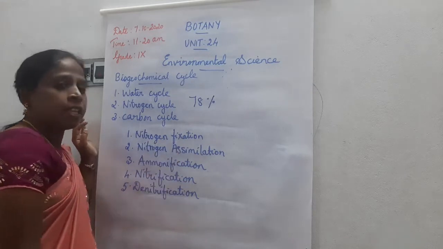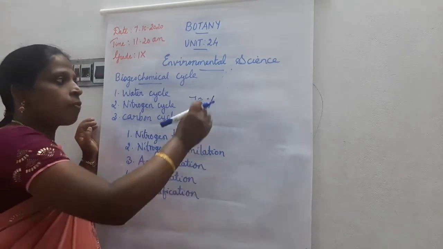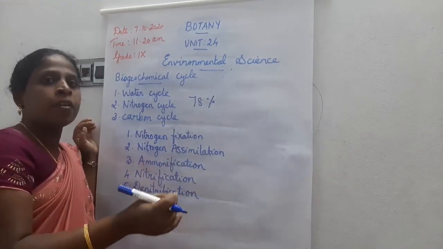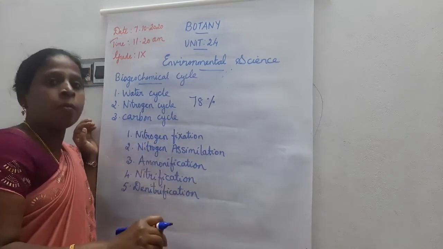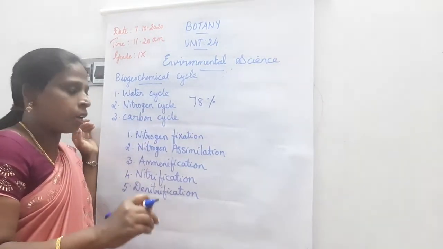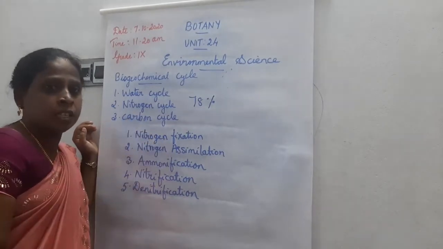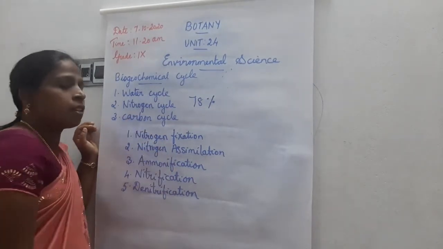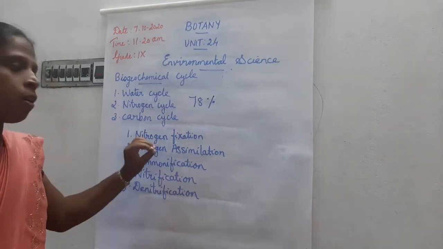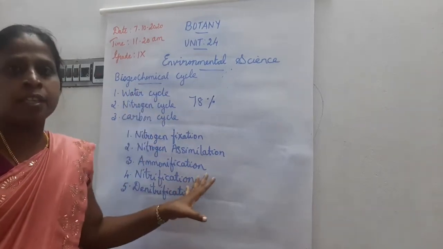What does nitrogen fixation mean? The atmospheric nitrogen can be fixed in the soil by using microorganisms. So here some microorganisms are involved to fix the nitrogen in the soil.